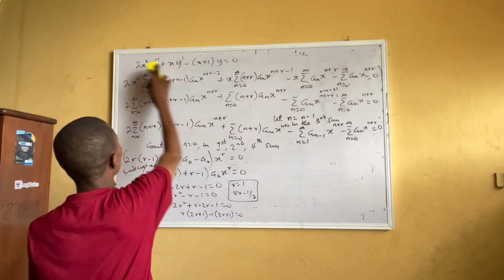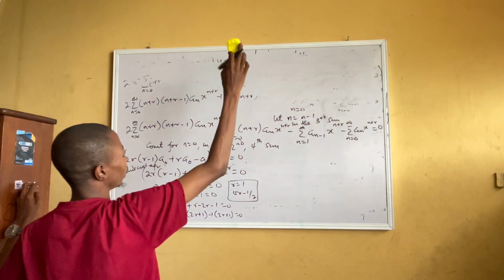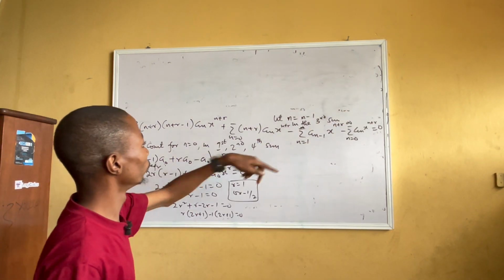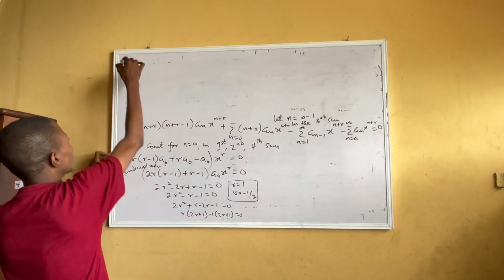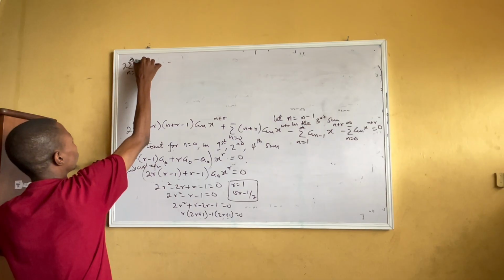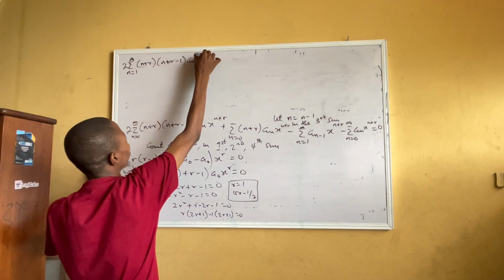When you go back to the sum, what are we having after generating? Don't let me clean the last sum, or else I'll start all over again. Okay, we are here now. This term, we've accounted for n equals 0. It means this sum will now start from n equals 1, of (n plus r)(n plus r minus 1) a_n x^(n plus r).